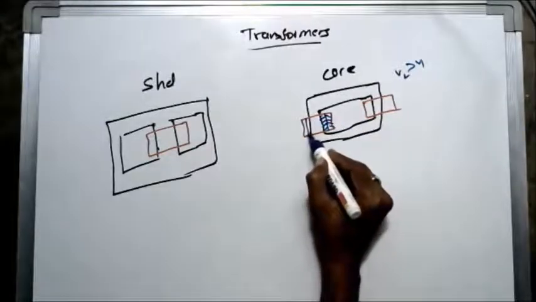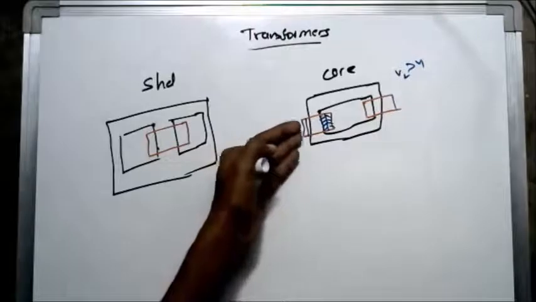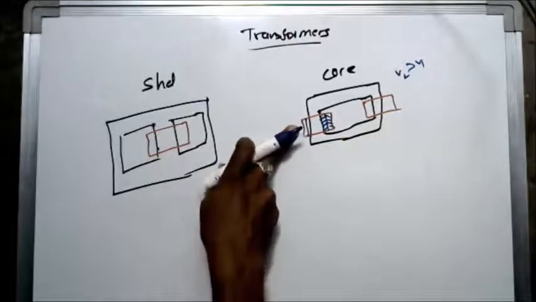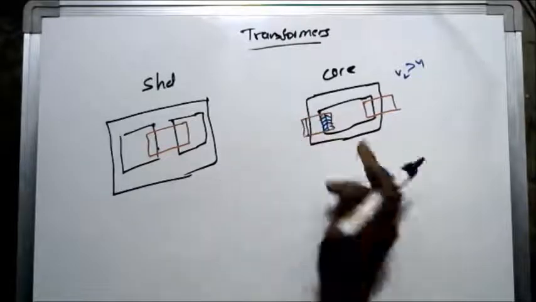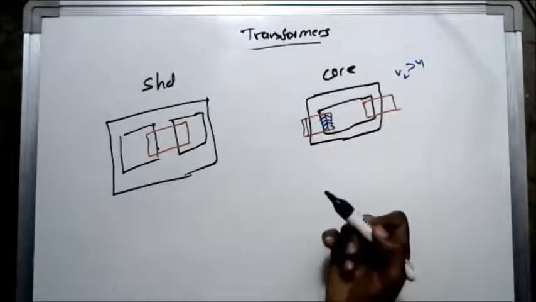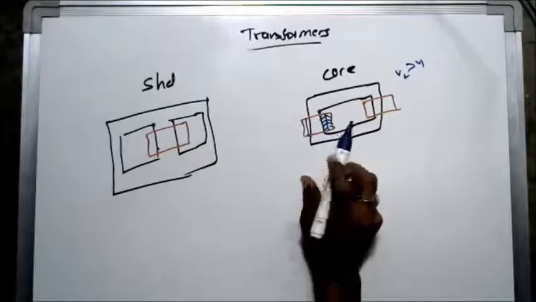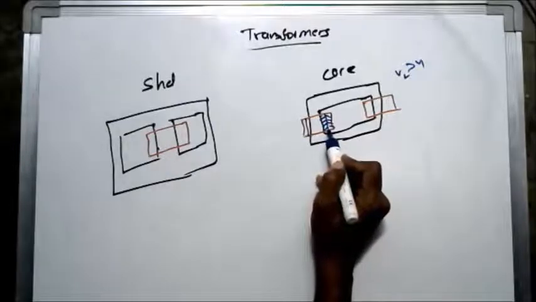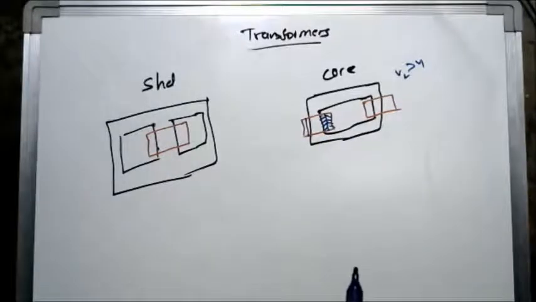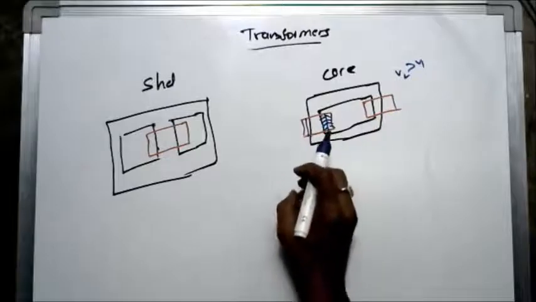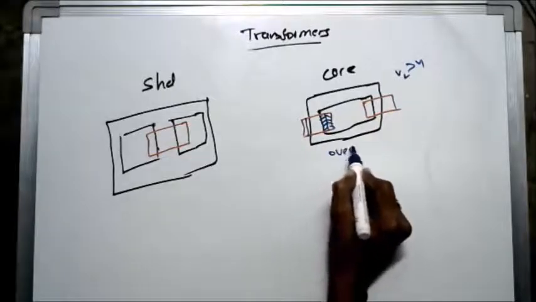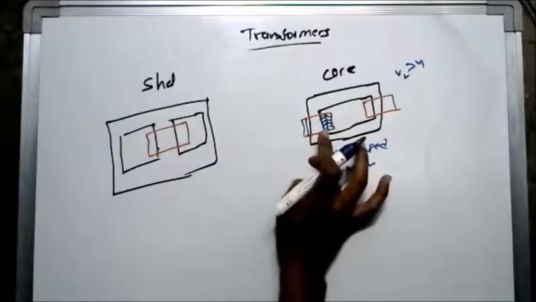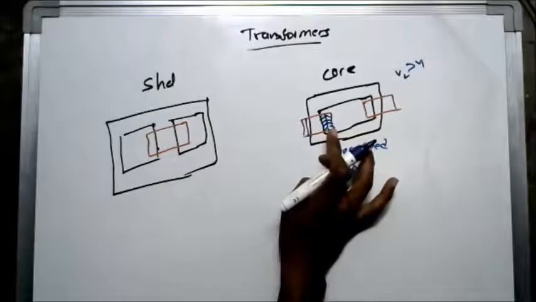This is a fashion to design the transformer to reduce not core losses, but the leakage inductance. So we will wind the transformer in a stacked manner, meaning a sandwiched or overlapped manner. First will be the low voltage winding and second will be the high voltage winding.